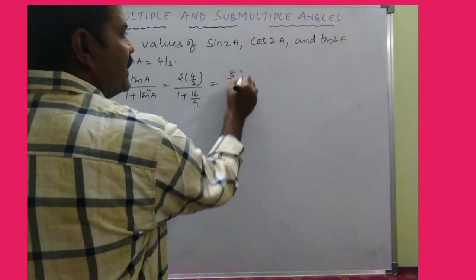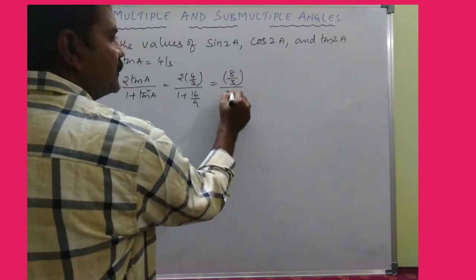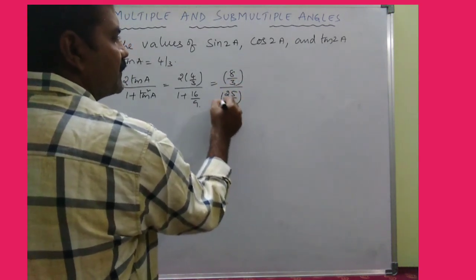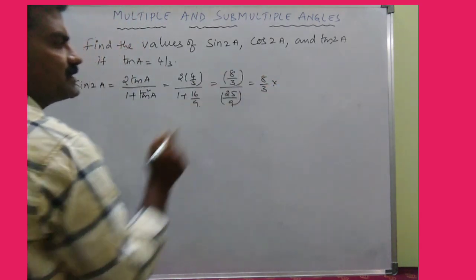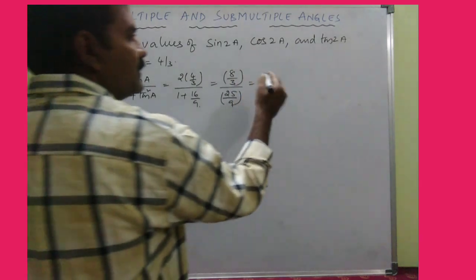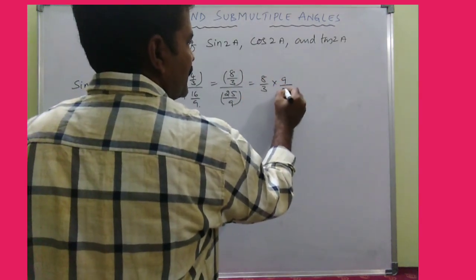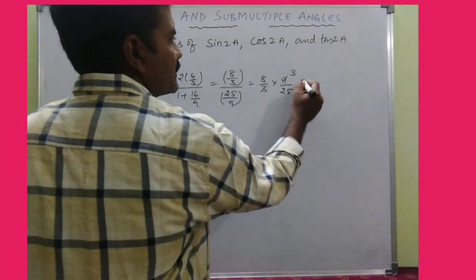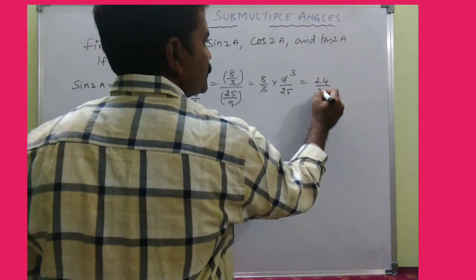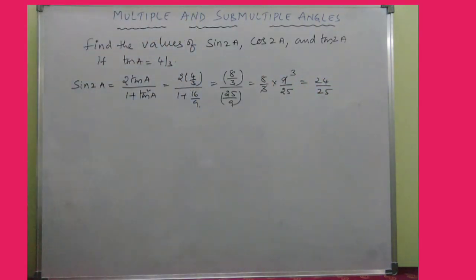So this is 8 by 3 by 25 by 9, right? So this is 8 by 3 into, when you take this fraction from the denominator to the numerator, we need to write its reciprocal, 9 by 25. So this is 3 times, hence which is equal to 24 by 25, the value of sin 2a.